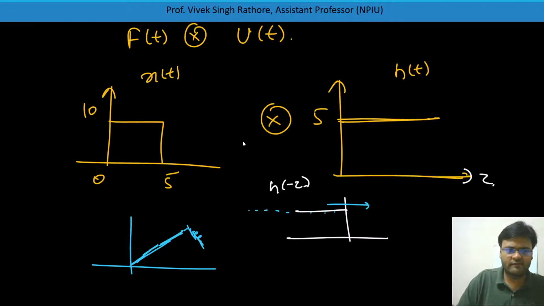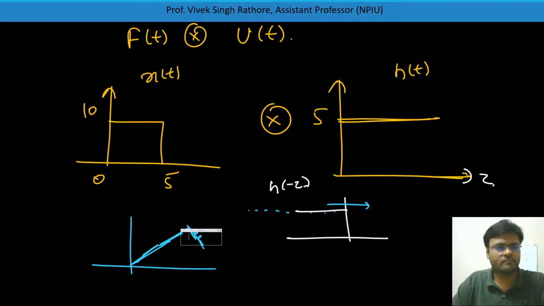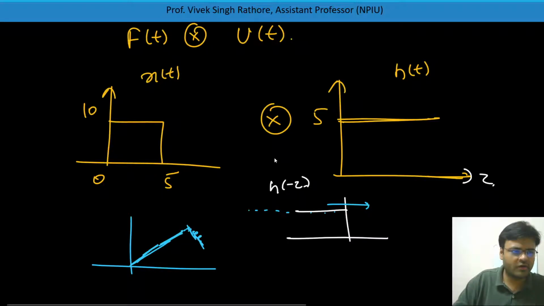This value is there from minus infinity only. So this value will go on increasing, being multiplied with this value, till 5 it will keep increasing, but after a certain point the value will remain fixed and become constant.